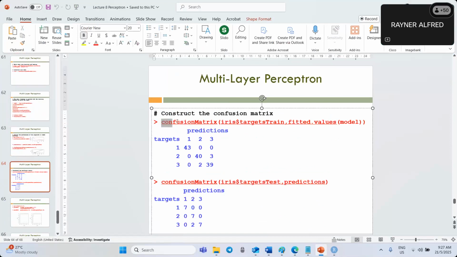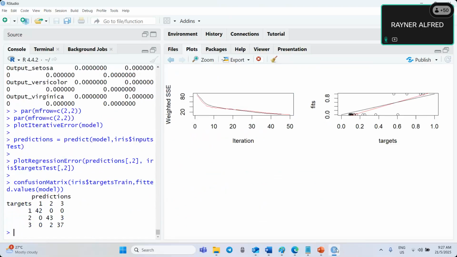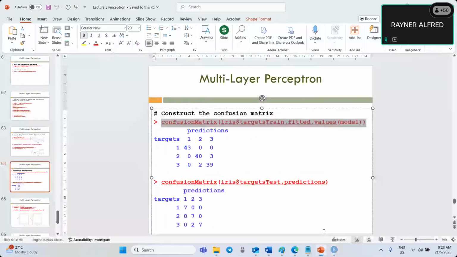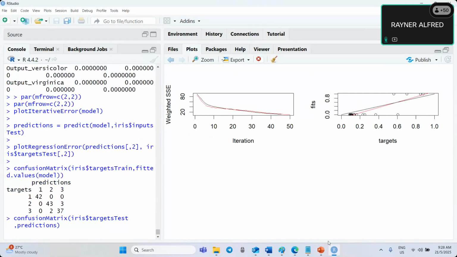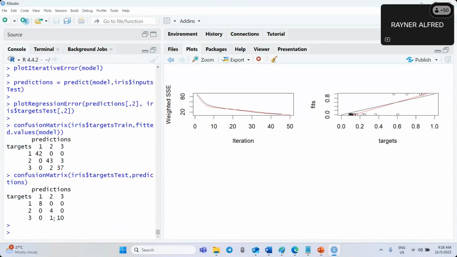And we need to draw the confusion matrix to know the percentage of accuracy that we have. So over here, we only have 3 plus 2 errors, because you have 3 targets, 1, 2, 3, and these 3 plus 2 are the errors. So this is for the training, and this is for the testing. For the testing, we have 1 error here.